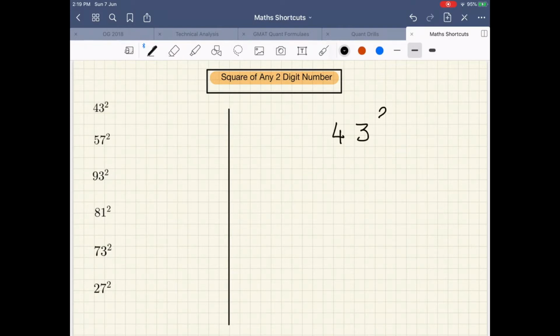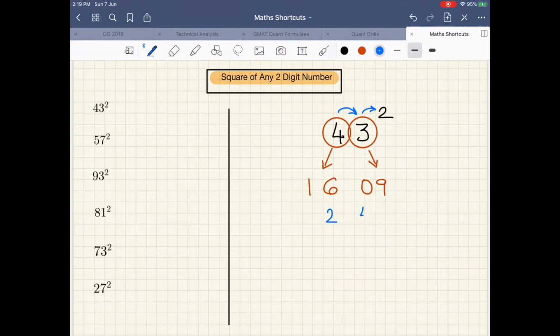43 square. So firstly, I will take the square of the first number, 4, which is nothing but 16. The next number, 3 square is 09. Then we need to multiply the two numbers. 4 3s are 12, 12 2s are 24.